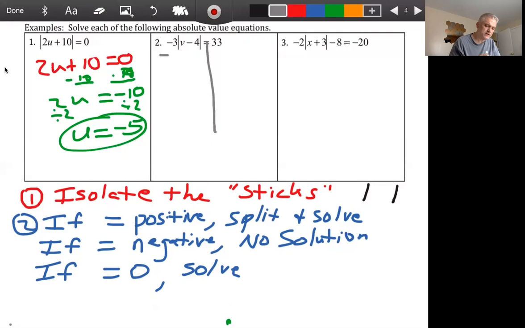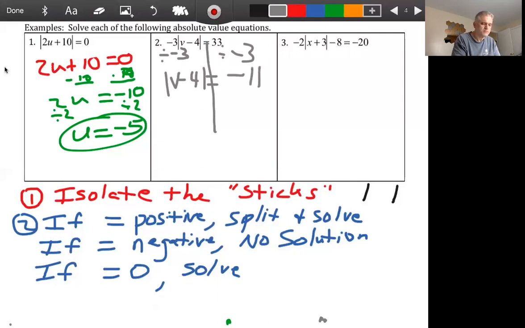So we're going to divide by -3, and divide the other side by -3. So the -3s cancel on this side, leaving me with the absolute value of v minus 4. 33 divided by -3 is -11.